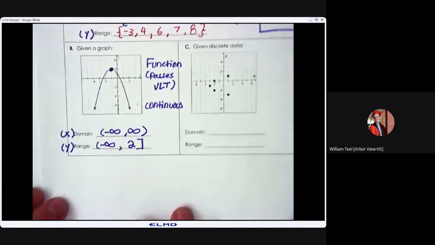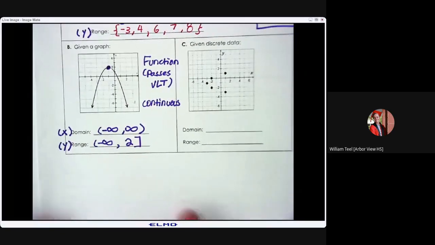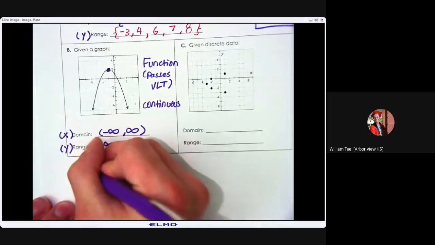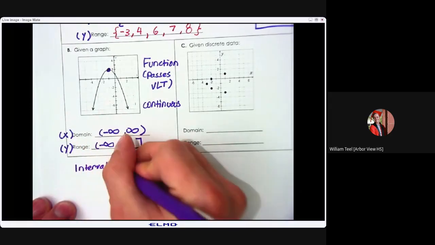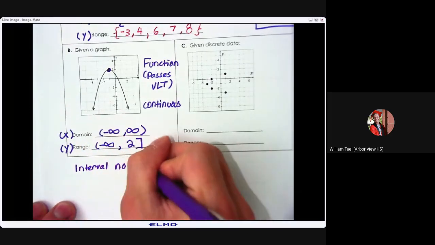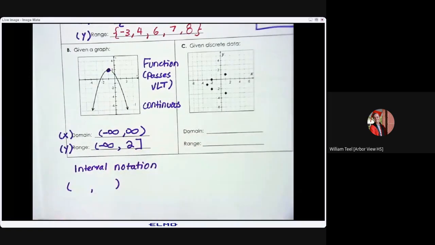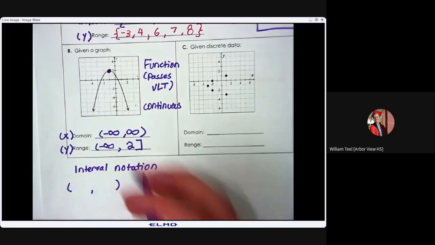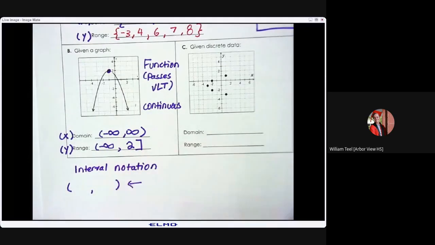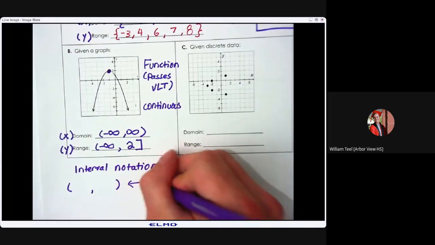Now, a couple of rules about brackets and parentheses. Let's go ahead and write these down. This is what we call interval notation. If we have two parentheses with our domain or our range, what this is saying is that the value next to the parenthesis is not included.